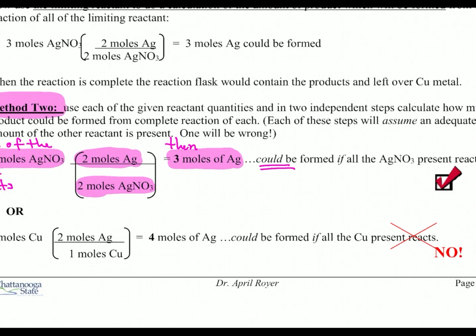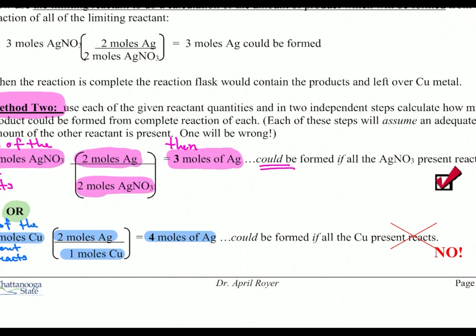So once you have that if-then statement, you're then going to look at the other. And it is an or, guys, it is not an and. So now you're going to say if all of the 2 moles of copper nitrate present could react, then, and that's where we go back to the balanced chemical equation, and there's a 1 in front of copper, so it says for every 1 mole of copper that goes in, 2 moles of silver comes out.